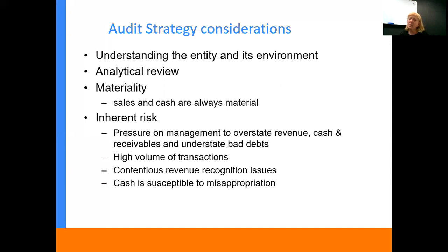If bonuses are attached to it, if the company is in a bit of a downward spiral, then there's going to be pressure on management to overstate those items and understate bad debts. And I'm going to get that feeling with all the procedures I carry out in understanding the entity and its environment.